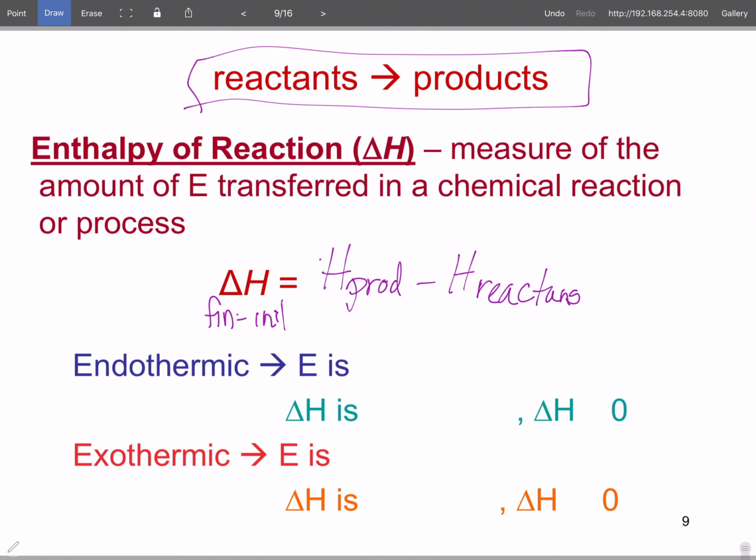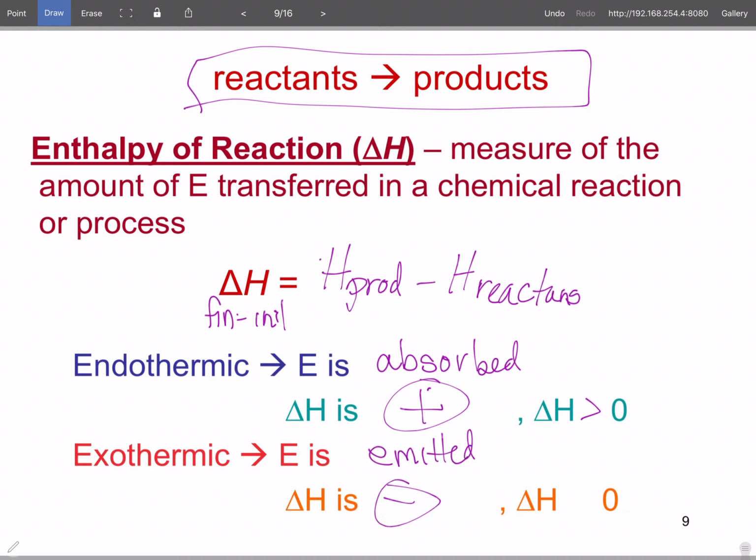So again, endothermic is when energy is absorbed. Delta H is positive, greater than 0. Exothermic is when energy is emitted. Delta H is negative, which means it's less than 0.